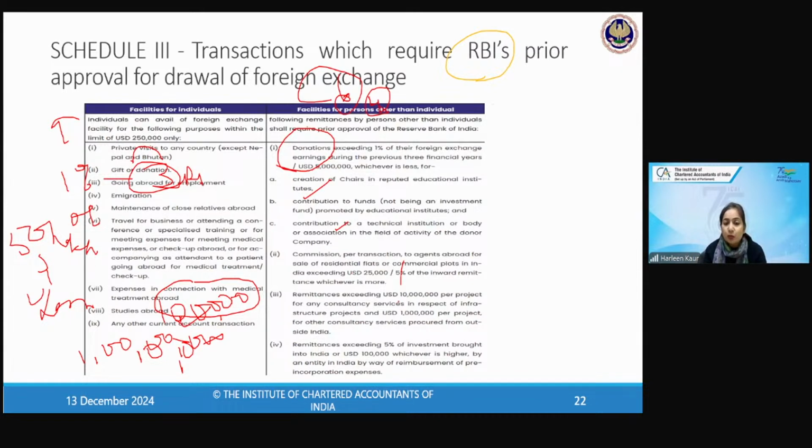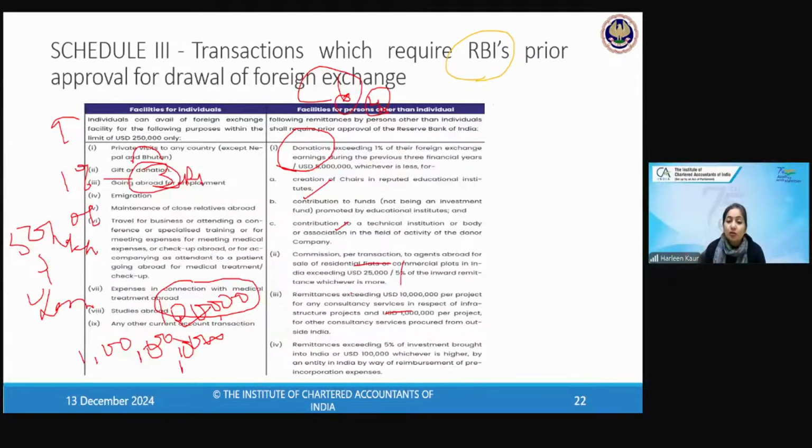Commission per transaction to agents abroad for sale of residential plots or commercial plots in India. So there is an agent who is staying abroad and he's selling your residential flats in India, exceeding 25,000 USD or 5% of the inward remittance, whichever is more. In the first point, it was whichever is less.